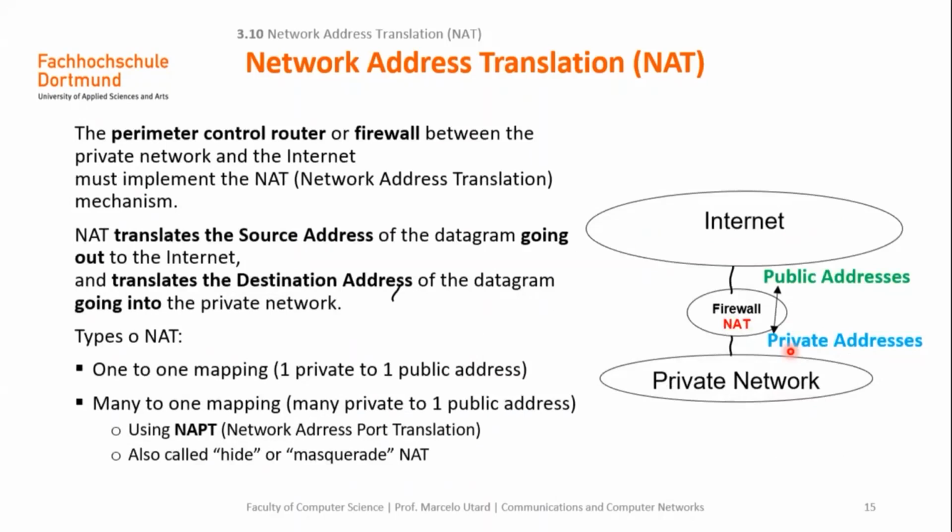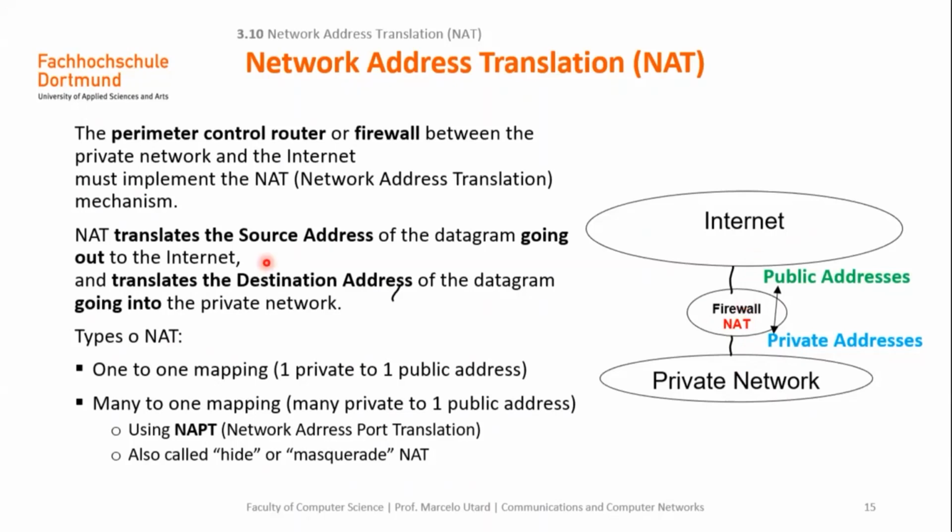And in fact, there is an intermediate network device that connects the private network to the internet, that is the private network to the public network. And it is that device that needs to implement that mechanism that we call NAT, Network Address Translation.